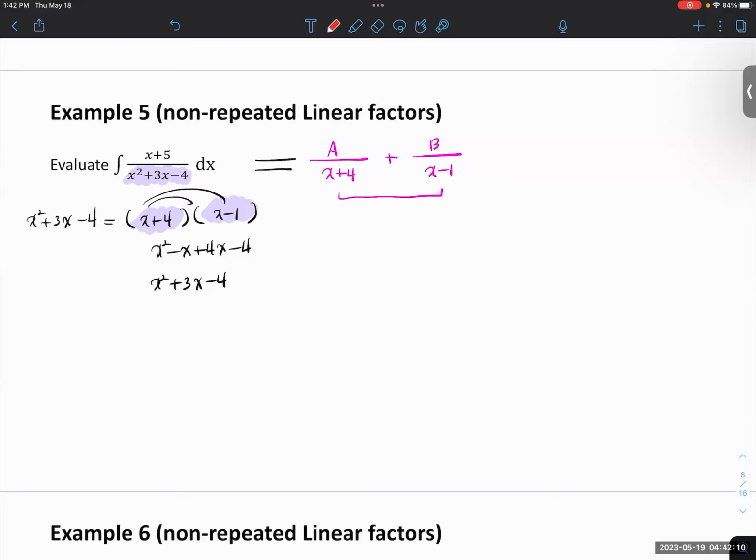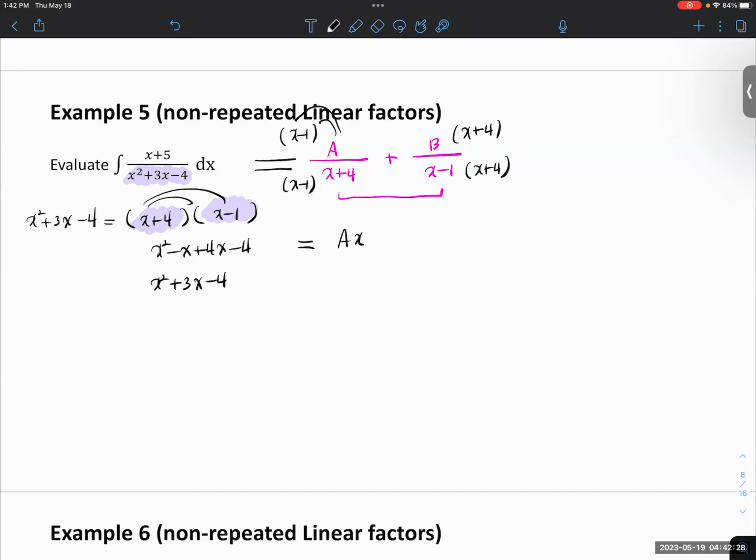I'm going to multiply x minus 1 top and bottom to the first fraction. You're going to multiply x plus 4 to the second fraction to find out A and B. So if you do, what happened? You're going to do the distributive property.